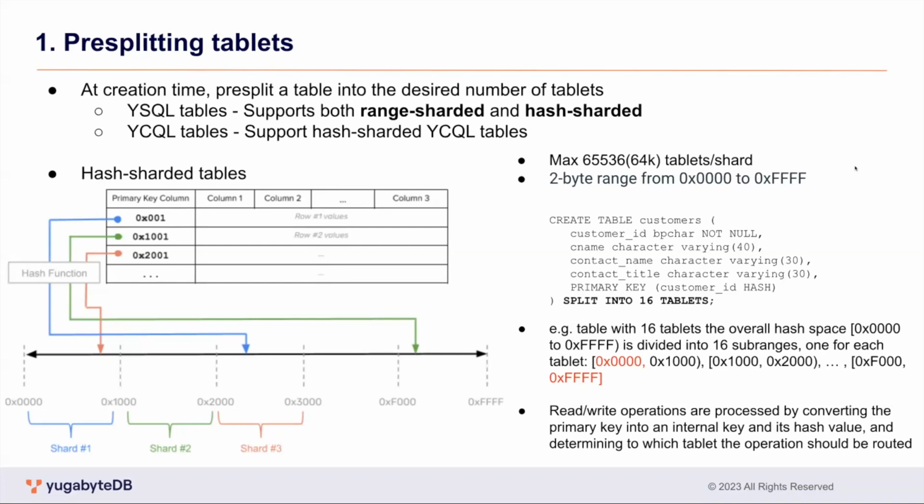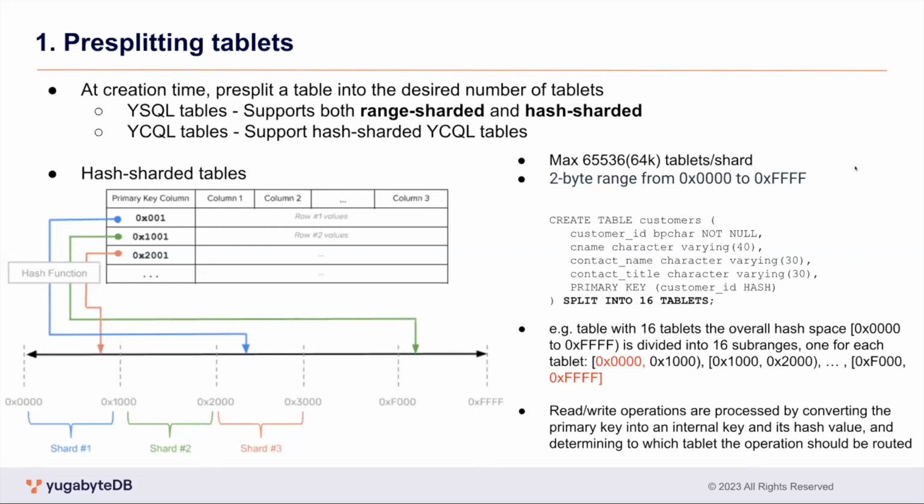So the way it works is, you have your primary key, whatever the value. From that, we apply a hash function to calculate the hash value, and based on the hash value, we put that into a bucket.